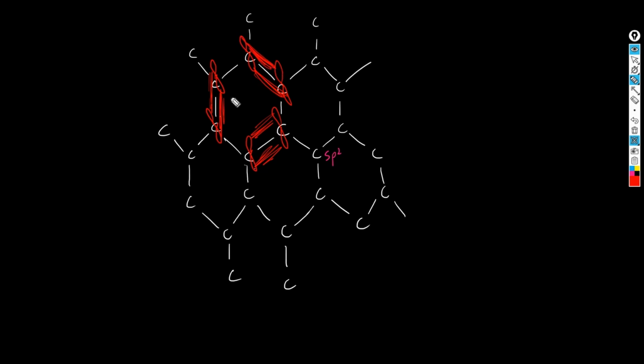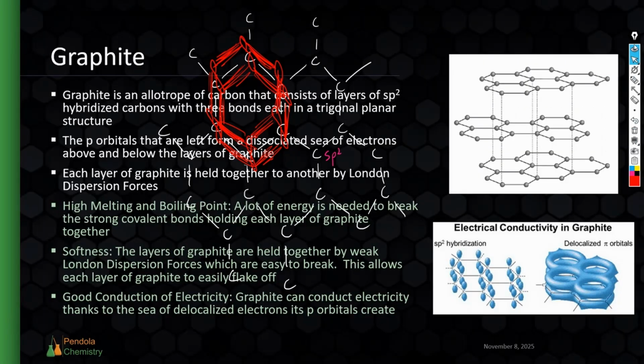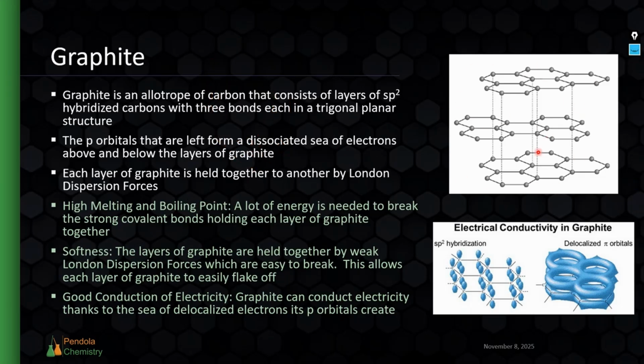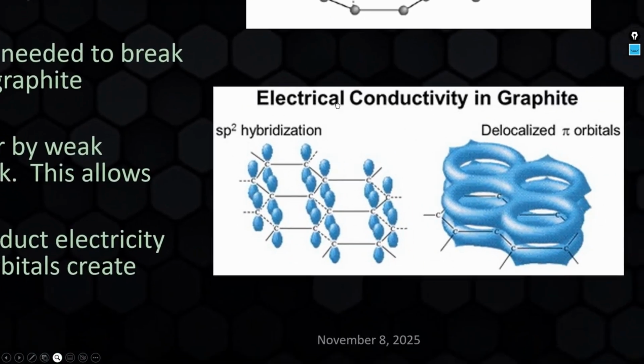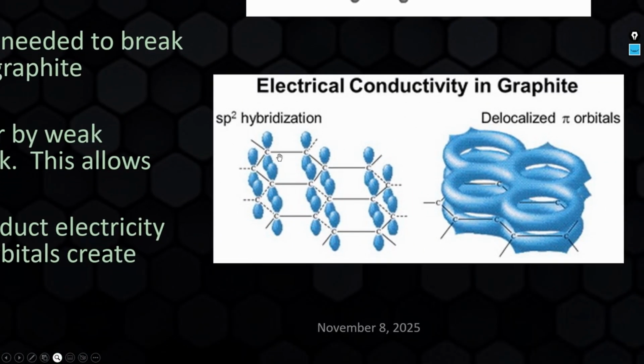But what's the issue? These pi bonds are next to other pi bonds, and there's nothing preventing those pi bonds from delocalizing all over this molecule. So what ends up happening is we get a gigantic pi bond all over the place. Going back to the picture, we have all of these carbon atoms that are sp2 hybridized with p orbitals left over, and all of those p orbitals form pi bonds with each other.